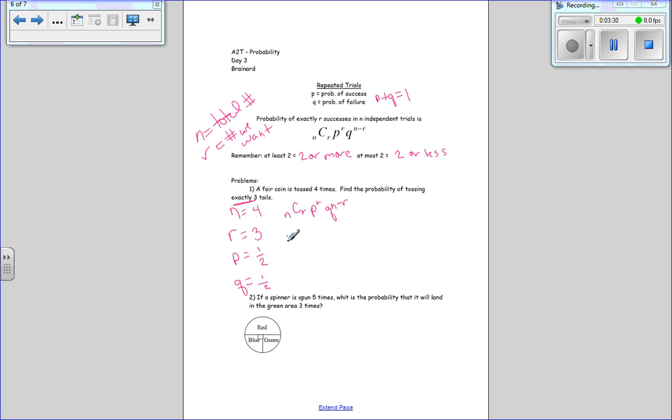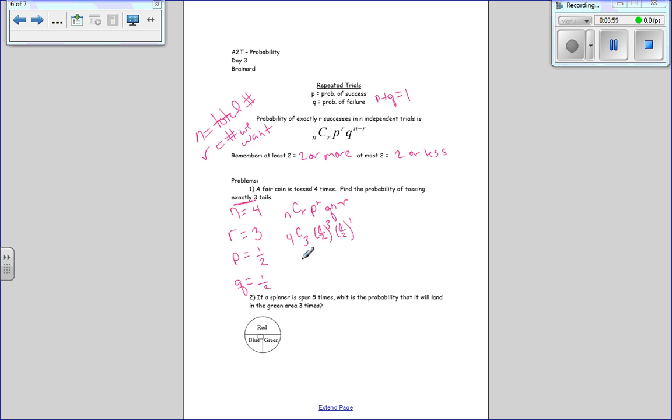So I'm going to do 4C3, times 1/2 to the R, which is 3, times 1/2 to the N minus R, which is 4 minus 3, which is 1. Something to remember is these 2 exponents always have to add up to N.